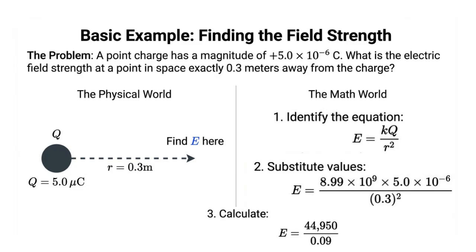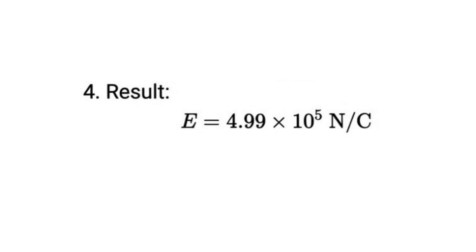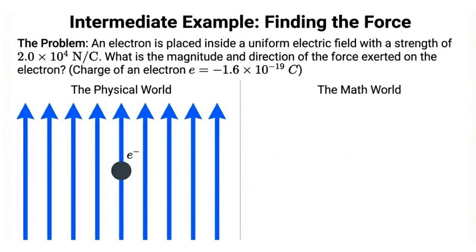We then calculate E equals 44,950 divided by 0.09. The electric field strength we found is approximately 4.99 times 10 to the power of 5 newtons per coulomb.